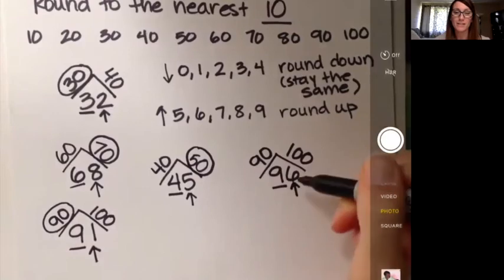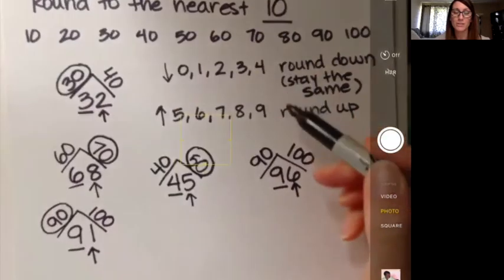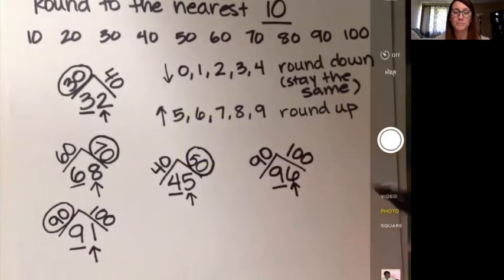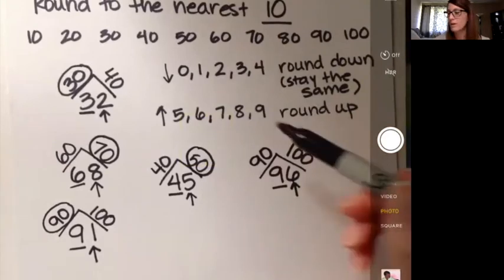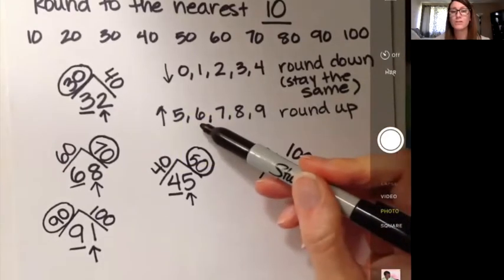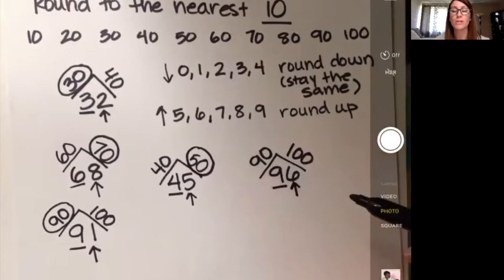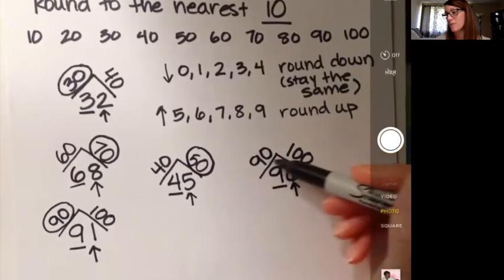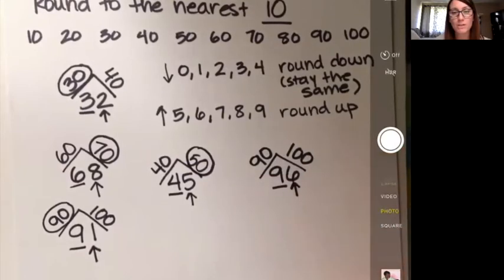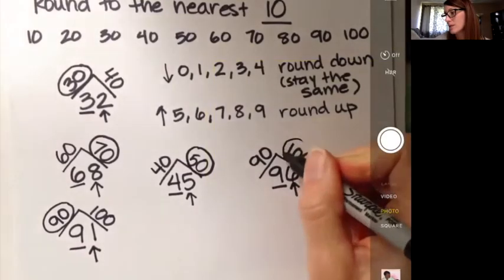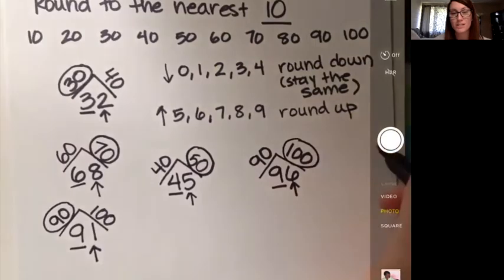And that's 6. What does the 6 tell me I need to do? Is it round down or round up? Well, I see 6 right here, so I'm pretty sure that means we need to round up. So I'm picking the bigger number. Which number is the bigger number there? That's right, it's 100. So in this case, 96 rounds to 100.